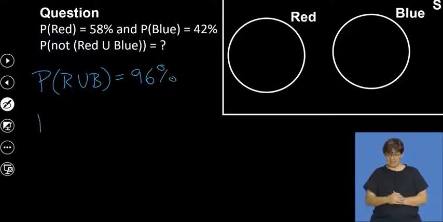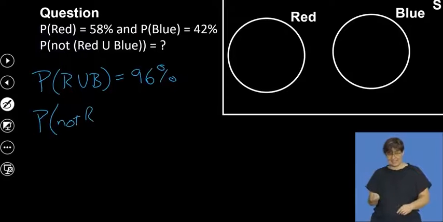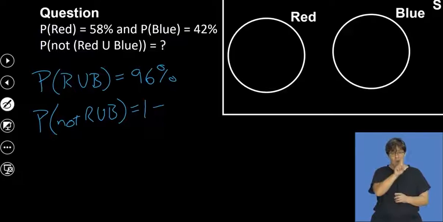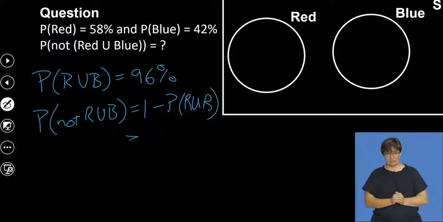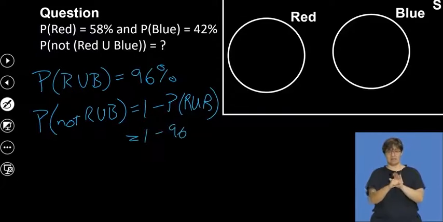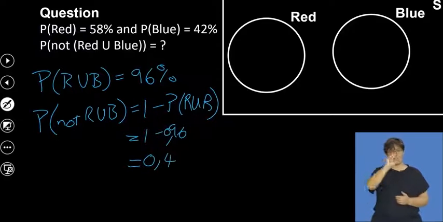So the probability of him not choosing, not red or blue, is going to be 1 minus the probability of red blue. And if you do that, you'll see that that is going to be 1 minus 0.96, which gives you 0.04, which is 4%.